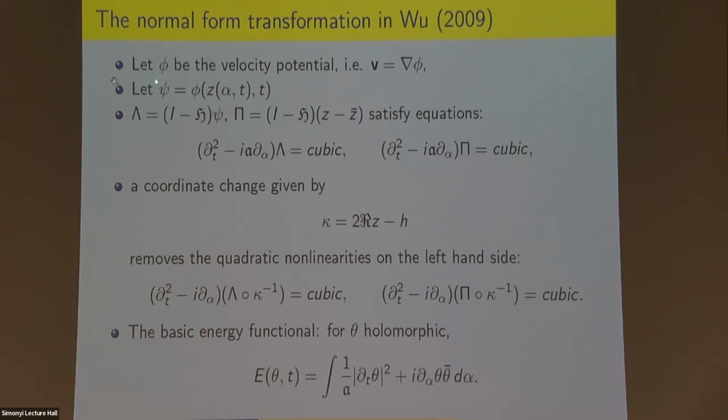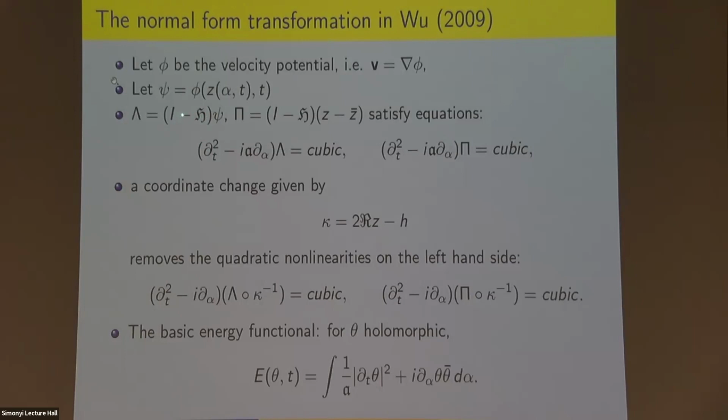So if phi is the velocity potential, and you look at the trace of the velocity potential on the interface, we find that, instead of always taking holomorphic quantities in the fluid domain, you look at holomorphic quantities in the air region. So this is a projection of the velocity potential onto the space of holomorphic functions in the air region. Okay, so it's I minus H, where H is the Hilbert transform.